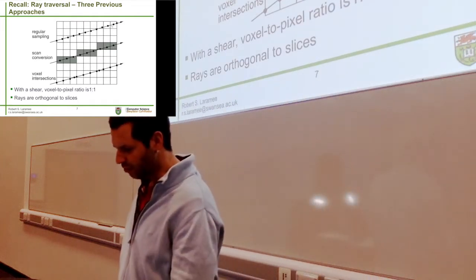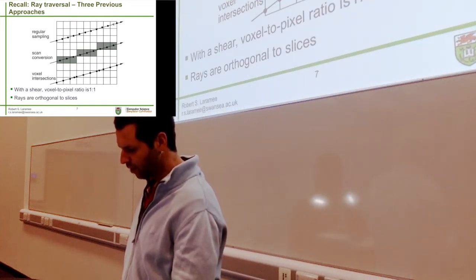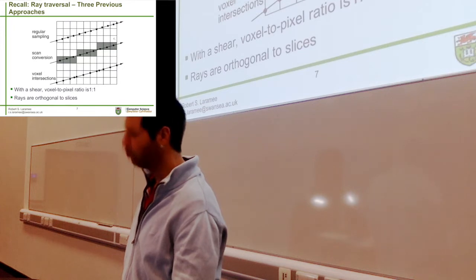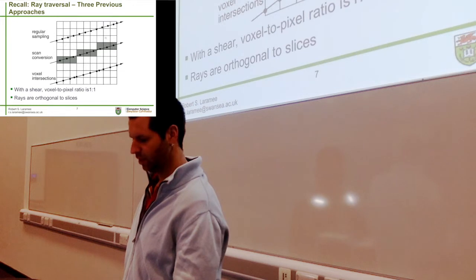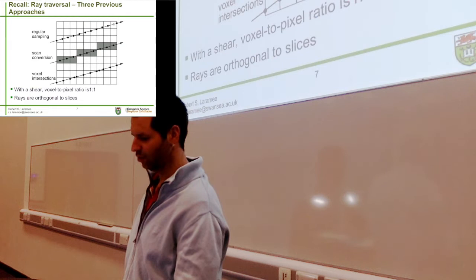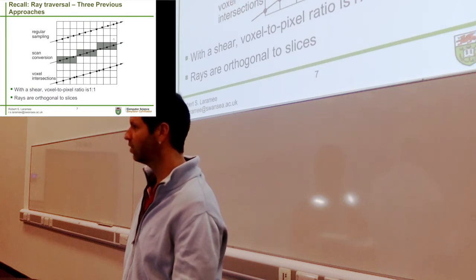So in order to sample this voxel, we would have to shift it down 2 units to get this ray to go from left to right. And this voxel would have to get shifted down 2 units as well, but this one is a little bit more than 2 units. Like this one would get shifted down the most.